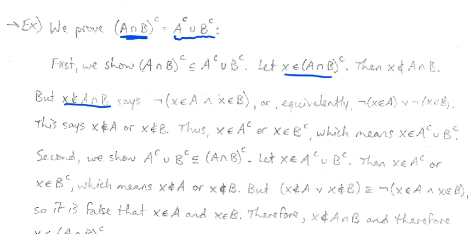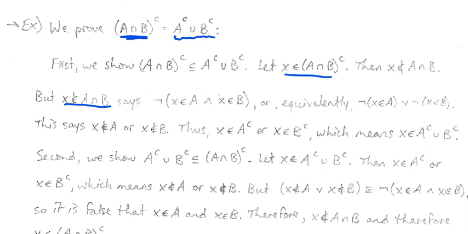It's saying the negative of that right there. So by using the De Morgan's laws for logic, this is not X is in A or not X is in B, which is saying X is not in A or X is not in B. Well, by definition, X not in A means that X is in A complement.